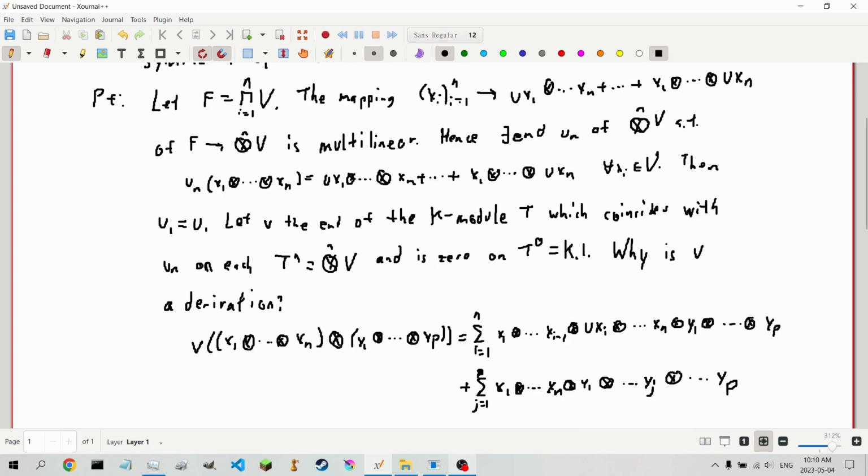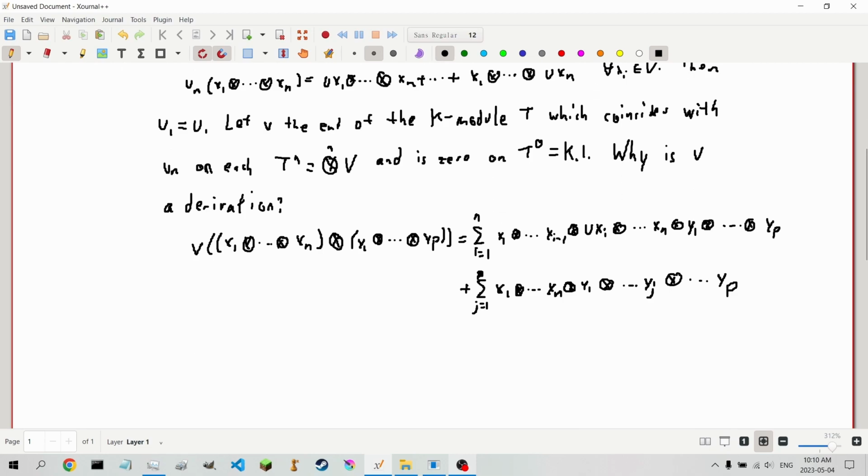And what is this thing actually? This is on the left side. This is V acting on the left element of our tensor product, x1 through xn, tensor all of these y's, plus, and then it's going to be on the other side as we'd want.